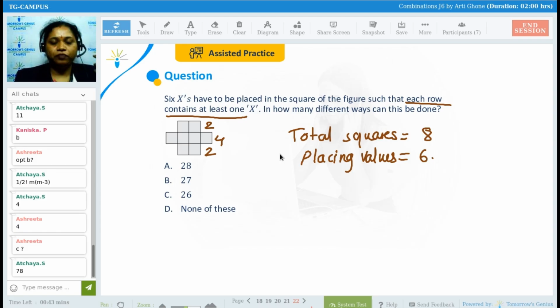Whatever we are doing in permutation and combination, first we calculate the total number of ways and then subtract the ways which are not applicable. Clear? Okay, so just calculate the total number of ways. Without any condition, what are the total number of ways? 8C6, out of which you need to subtract.